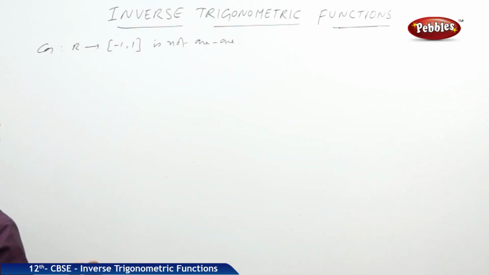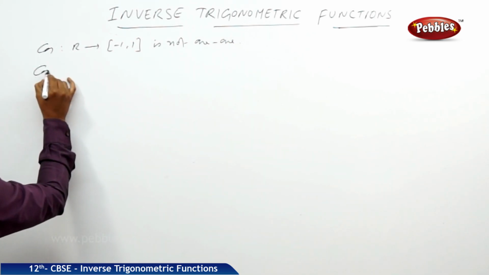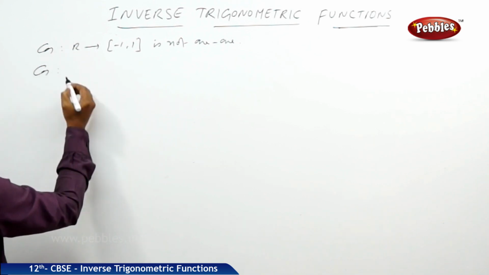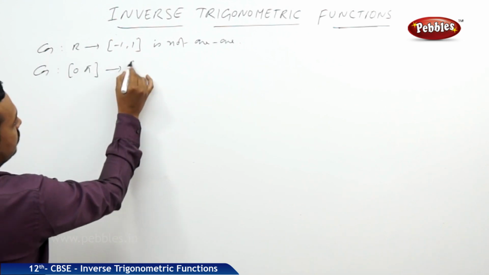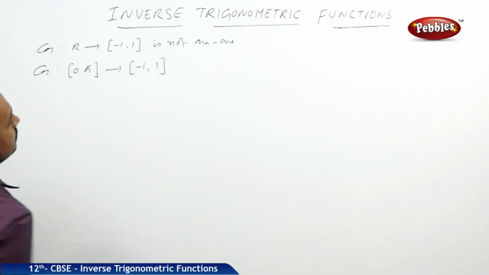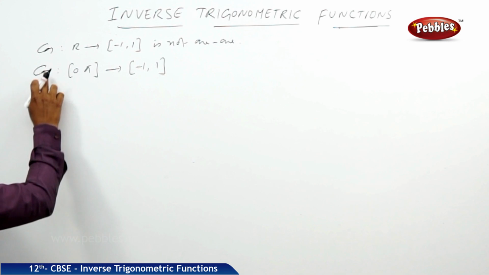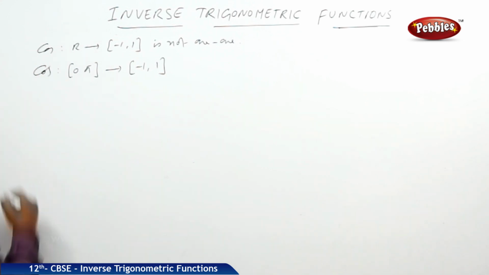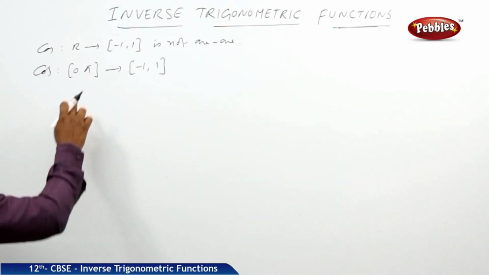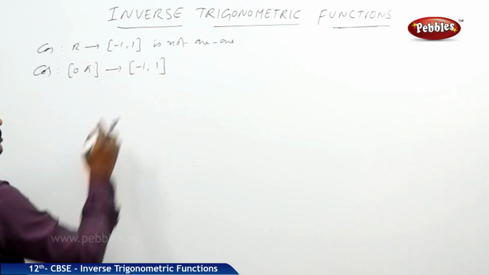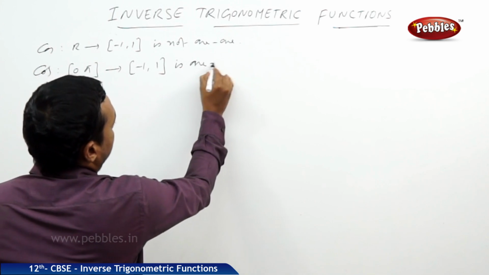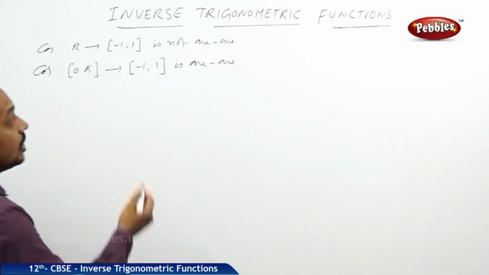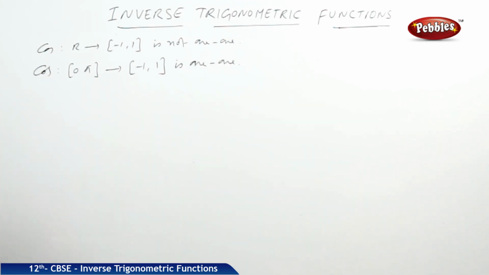So to make it a one-one function, we can restrict the domain to 0 to pi, mapping to minus 1 to 1. Suppose the cos x is defined from 0 to pi to minus 1 to 1. Now it is one-one as well as onto, since range is equal to codomain here.